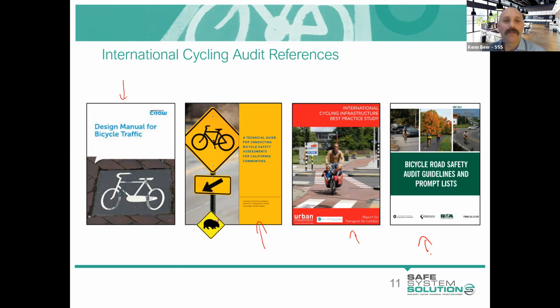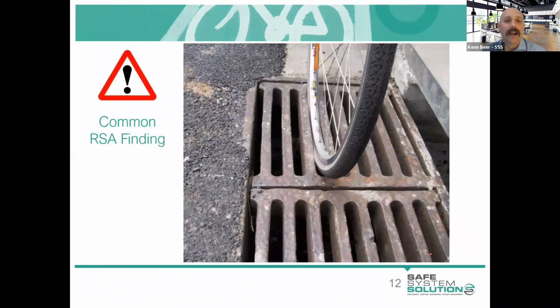Okay, let's jump into a few issues that an auditor might pick up when thinking about cyclists. Absolute number one thing that I'm going to point out is longitudinal grates.